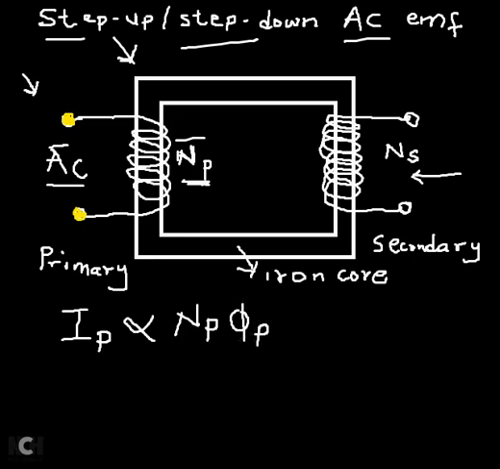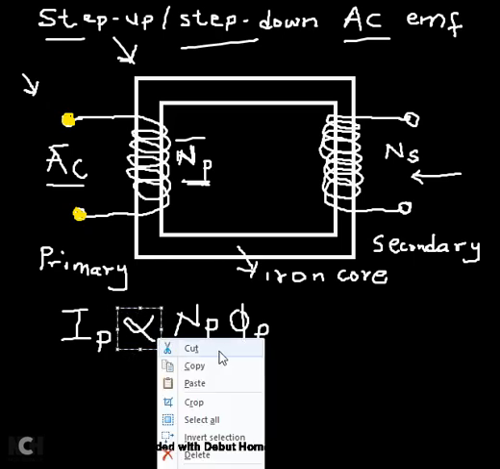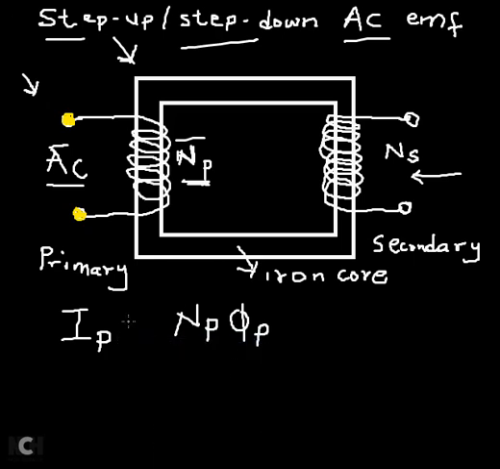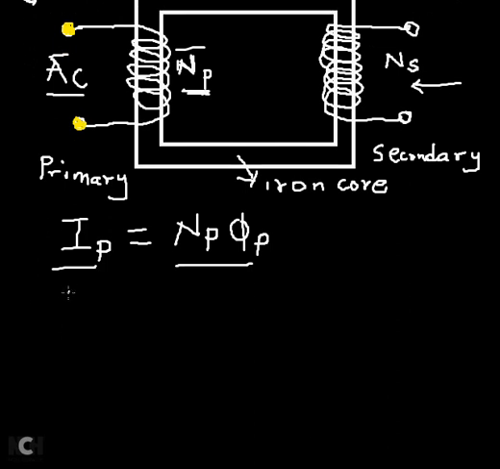Please pardon me, it's equal to, not proportional. So the flux generated at the primary coil is equal to the current supplied to the primary coil. Now, you know very well that if the current varies with respect to time, the same thing happens with the flux.